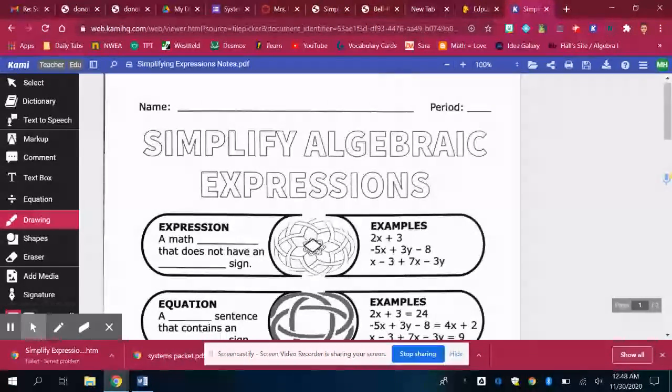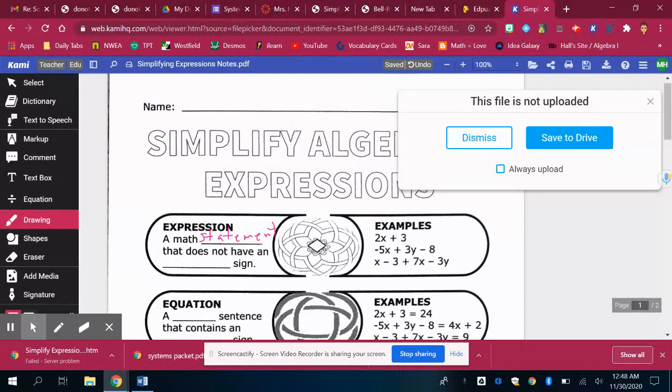Our first vocabulary is expression. It is a math statement that does not have an equal sign. So for example, we have 2x plus 3.